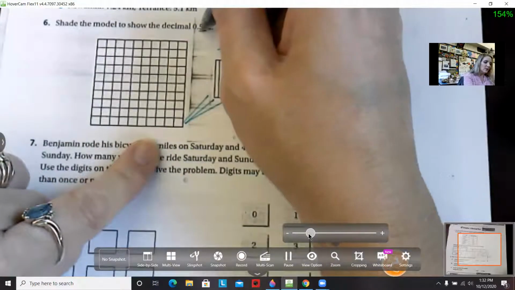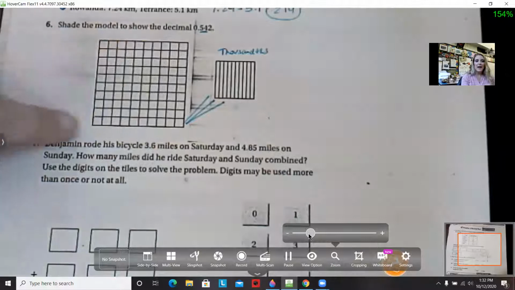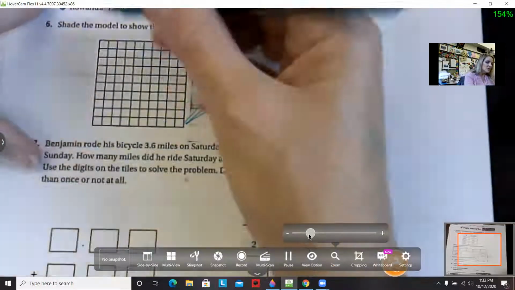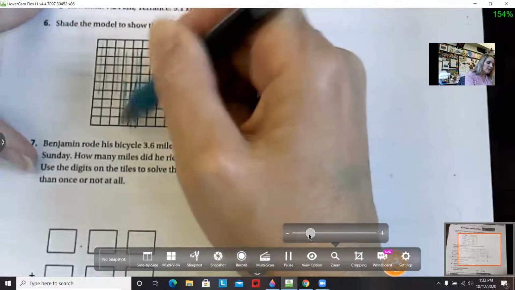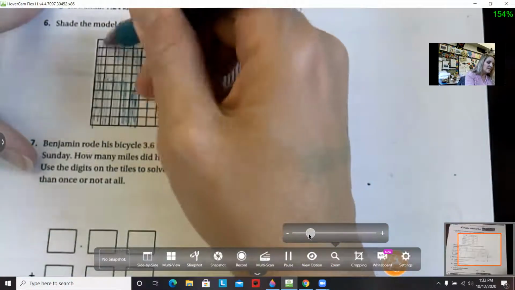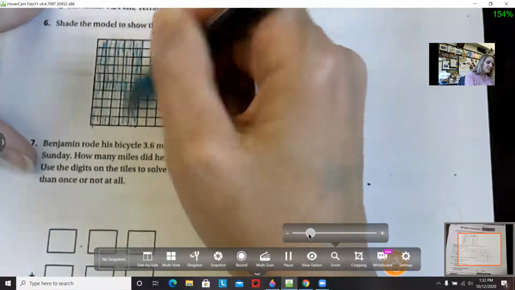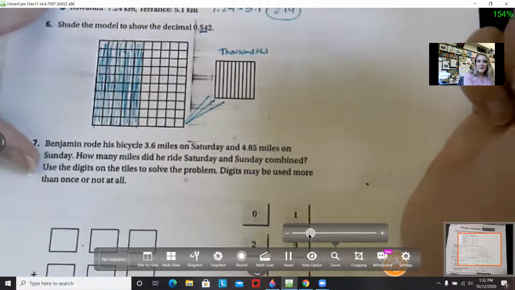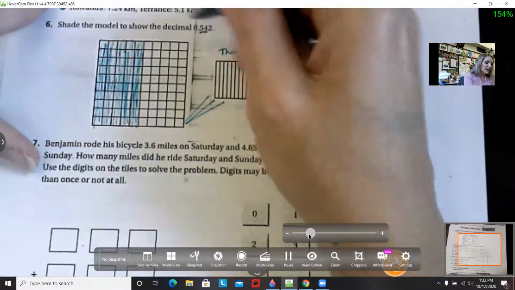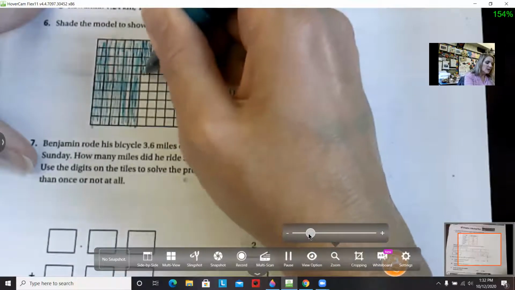So if I look here, I could just color in 54 hundredths, but 5 of them are going to be 5 whole rows of 10. So I'm going to shade in 1, 2, 3, 4, 5, just really quickly to show 5/10, which is a half. Okay, there's the 5/10. And then I need 4 extra hundredths. So here's 1, 2, 3, 4.